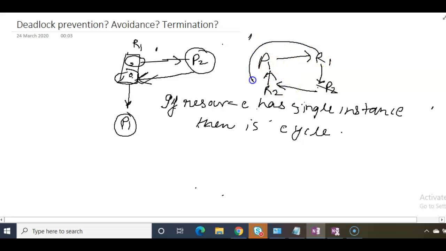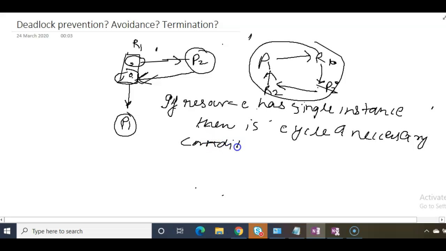So this is a cycle. If only a single instance of each of R1 and R2 is available, then is a cycle a necessary condition for deadlock?